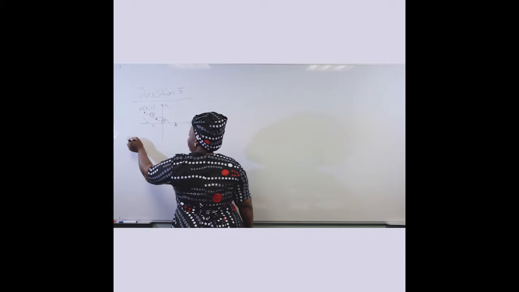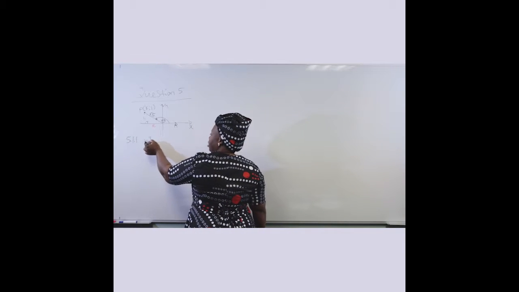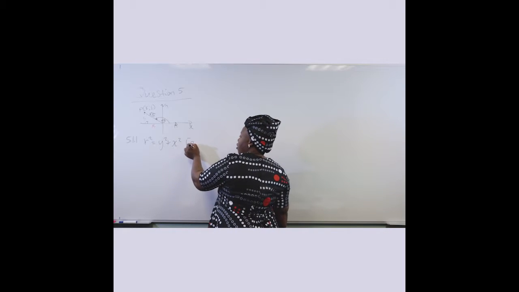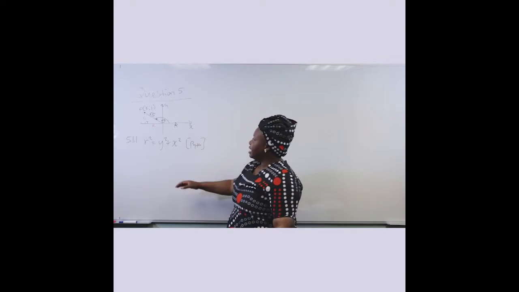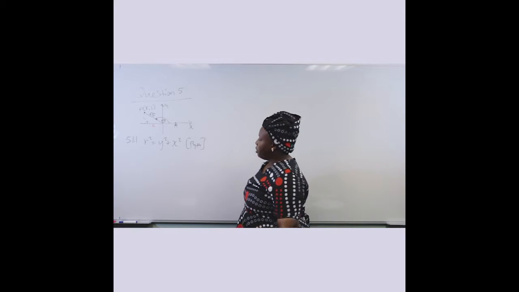So let's answer 5.1.1. R squared equals Y squared plus X squared. This is our theorem of Pythagoras: the longest side squared equals the sum of the other sides squared.